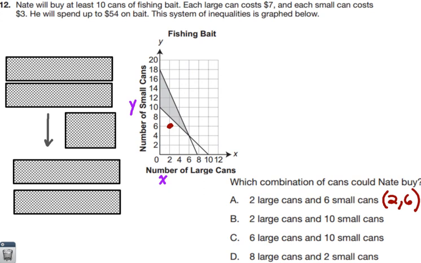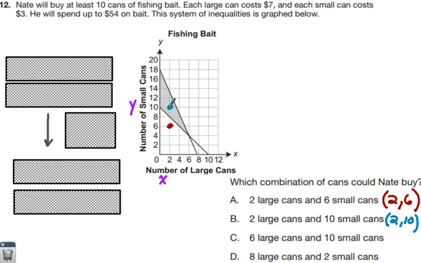B, 2 large and 10 small, that's (2, 10). That's like asking, is (2, 10) a solution on the graph? In other words, is (2, 10) in the shading? (2, 10). Ding, ding, ding!